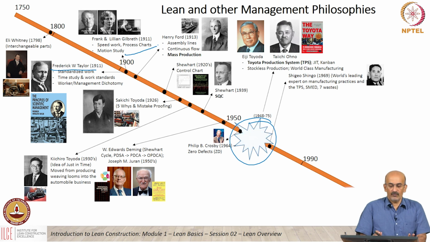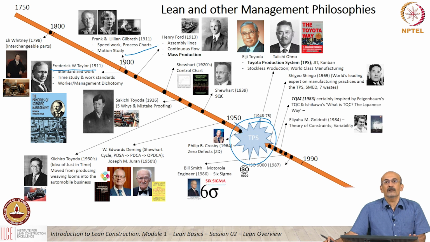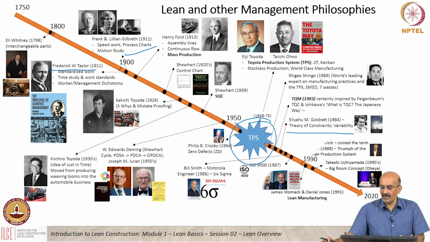As we move further along, we had things like theory of constraints coming from Goldratt, TQM being formalized, the ISO 9000 standards, and as we came into the 90s, this is when Lean started getting formalized, or the term Lean was coined at MIT, and the book The Machine That Changed the World by Womack and Jones became very popular, and Lean thinking started propagating from there.